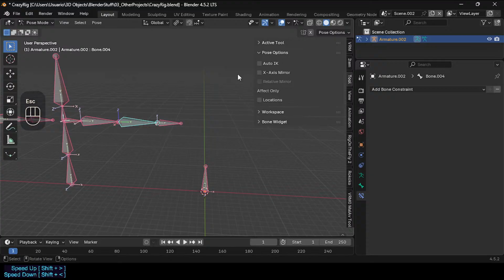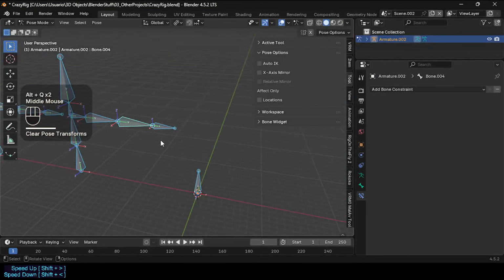So this Auto IK option, in my personal experience, is very, very interesting and powerful, but I also think it's very, very underdeveloped in Blender currently. And this is a shame because I strongly believe that this is the medium-term future of 3D animation.